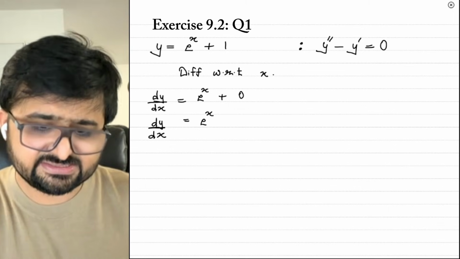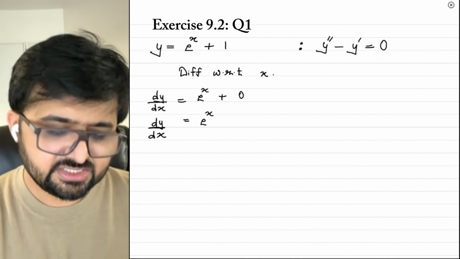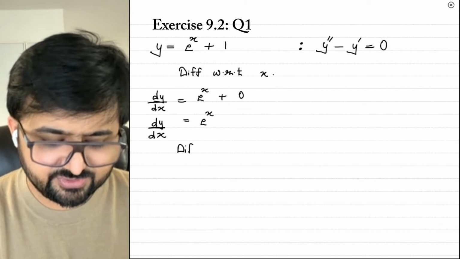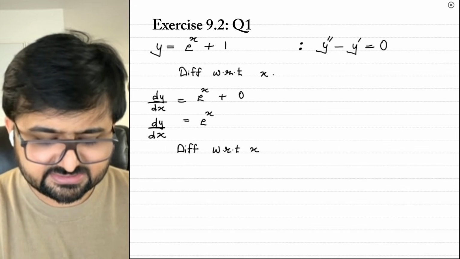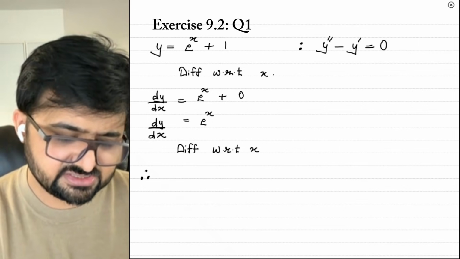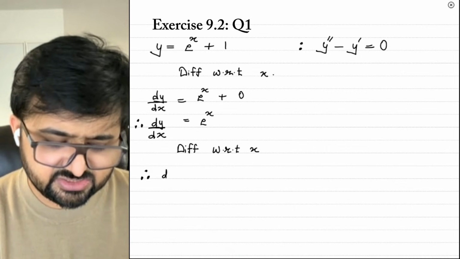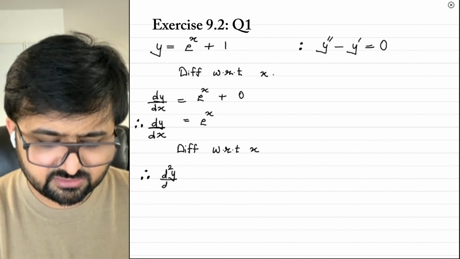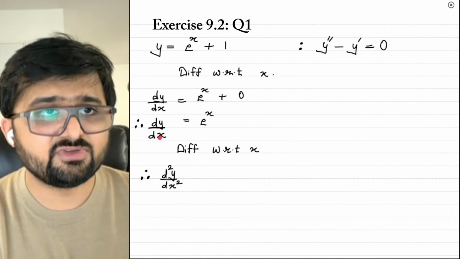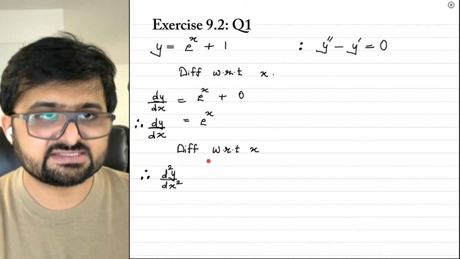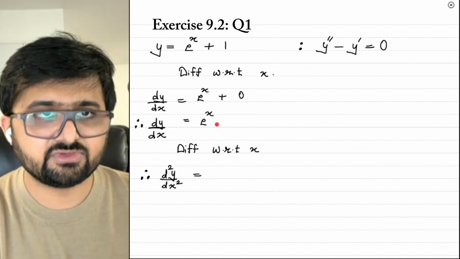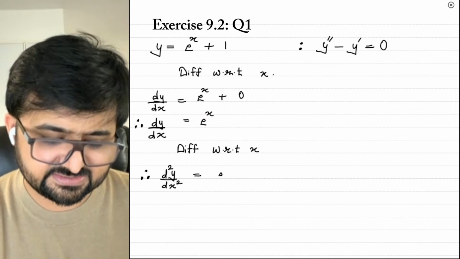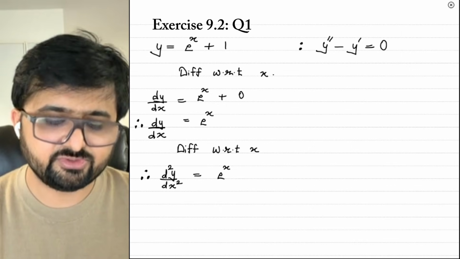Since there is y double dash here as well, let's differentiate one more time with respect to x. Therefore we get d2y by dx square, the derivative of dy by dx with respect to x, is equal to, again, the derivative of e to the power x with respect to x, which is again e to the power x.